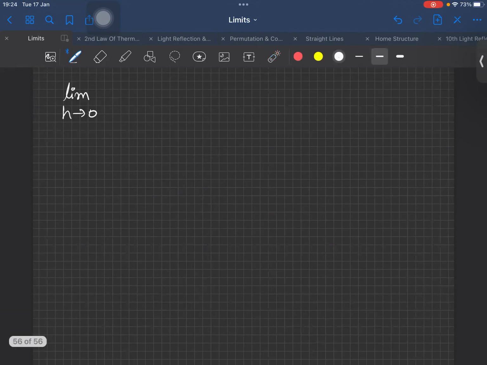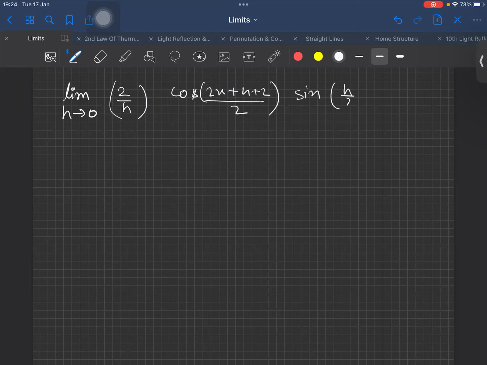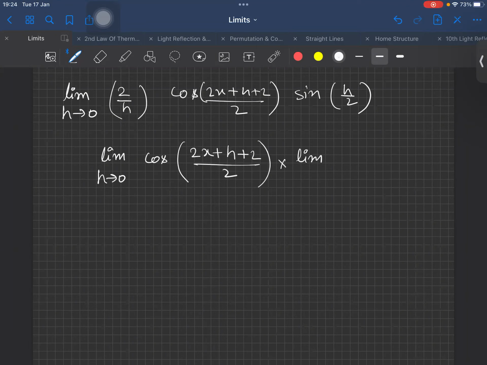Let's write 2 by h, 2 is also a constant, cos of 2x plus h plus 2 divided by 2, into sine h by 2. So can we write this as limit h tends to 0 of cos of 2x plus h plus 2 divided by 2, multiplied by limit h tends to 0 of sine h by 2 upon h by 2? Can we write like this? Okay, so this will become 1.